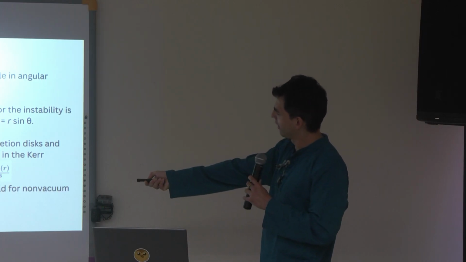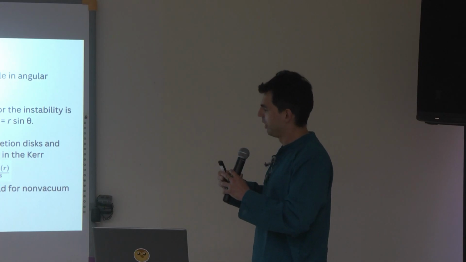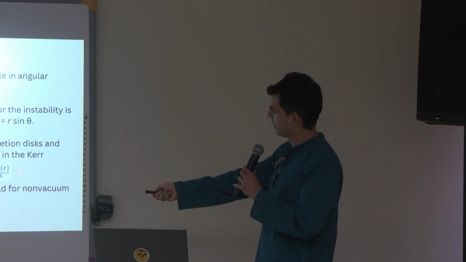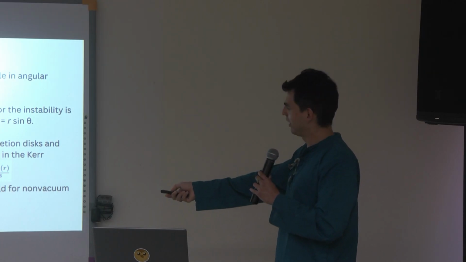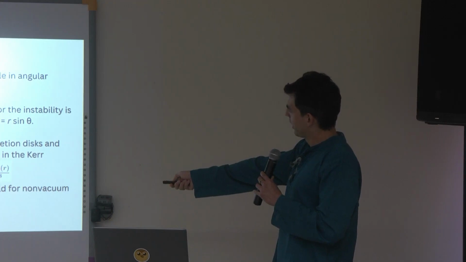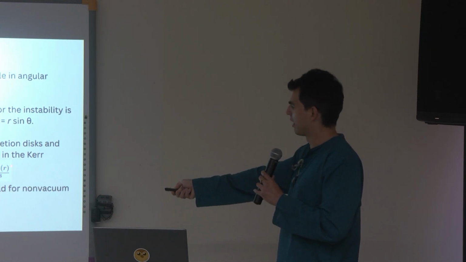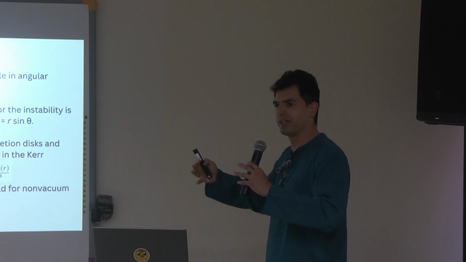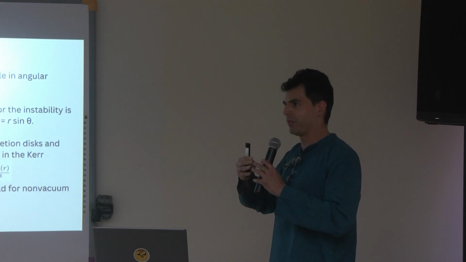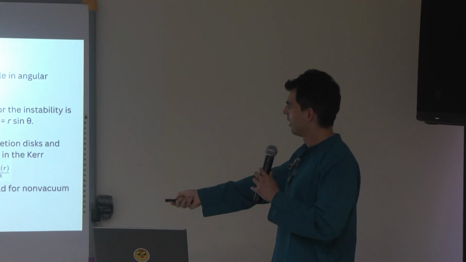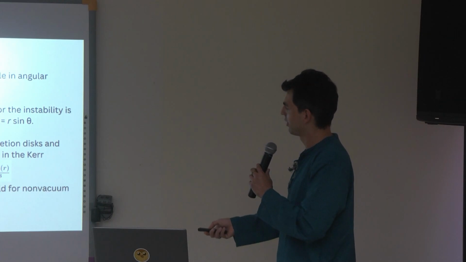But by looking at what is in general the rotation profile of geodesics, or even in Newtonian dynamics, by looking at Kepler's third law, we can see that it is also very easy to violate. If we have a mass function that increases faster than r cubed, and r cubed is what it should increase in the case of constant density, so if we have an object with density that increases faster than constant density, then this requirement will be violated and the magnetorotational instability will be suppressed.